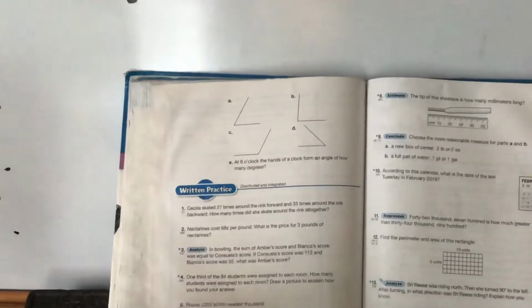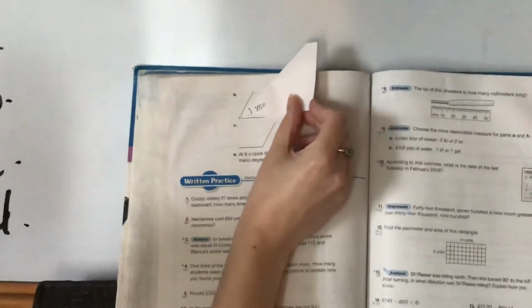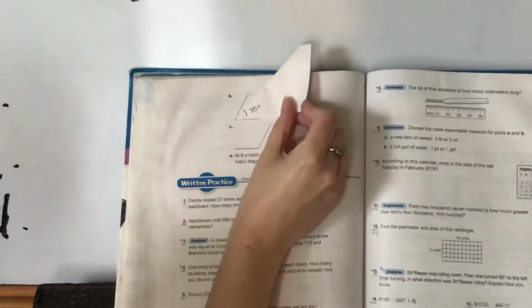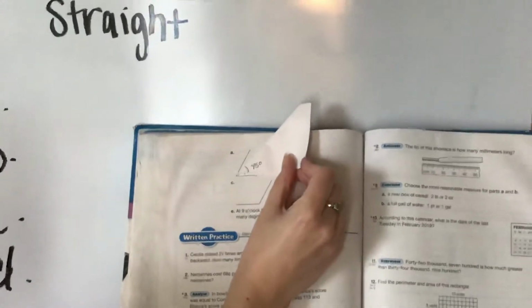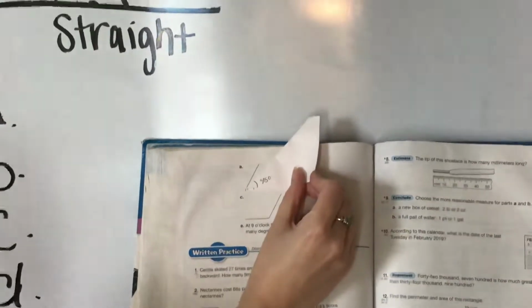Acute. So I'm going to take my angle measurement tool and find my acute angle, which was at 45 degrees. I'm going to line it right up, slide it into that space, and what do you notice about my angle measurement tool compared to the angle that's in the book? It's too big. The angle in the book is bigger than 45 degrees. So what does that mean?